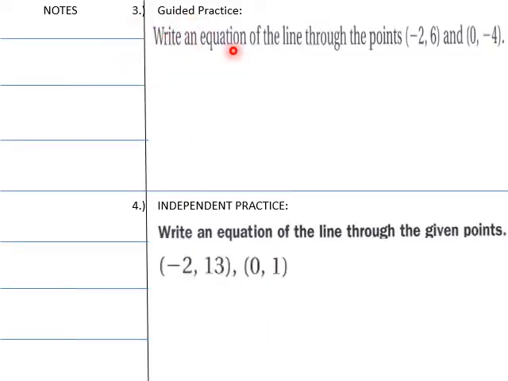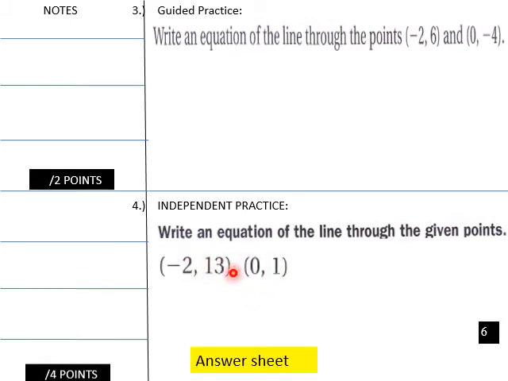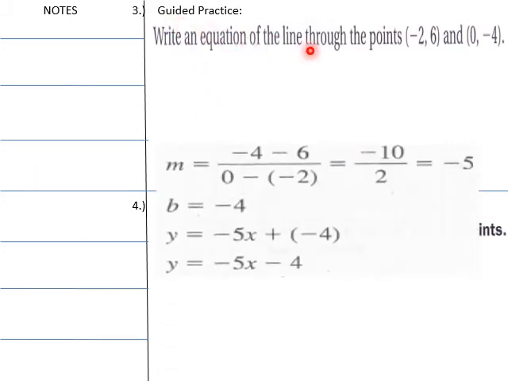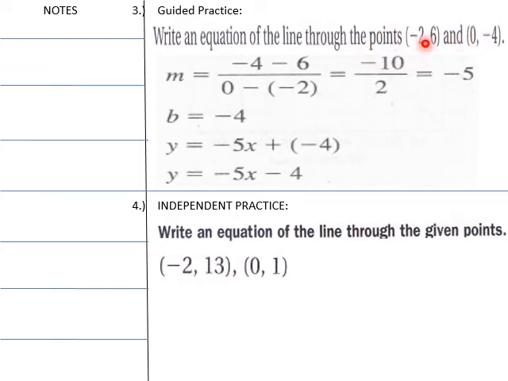Okay, our next guided practice, write an equation of a line through these 2 points here. And students, this is yours down here for your independent practice. So for our guided practice, we got to figure slope here between these 2 points. Difference of y over difference of x. So we have negative 4 minus 6 over 0 minus the negative 2.